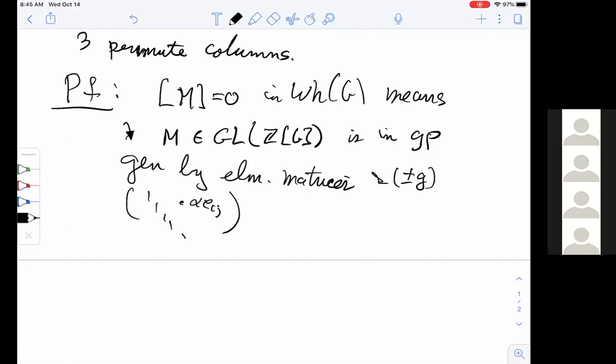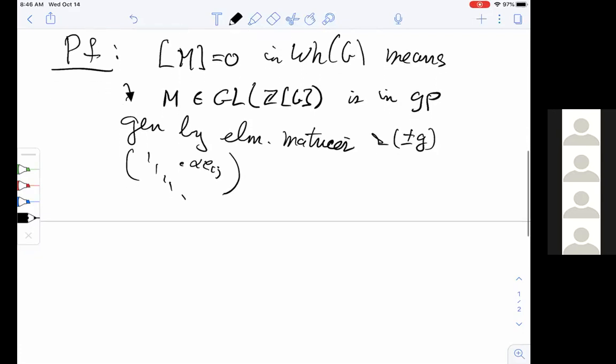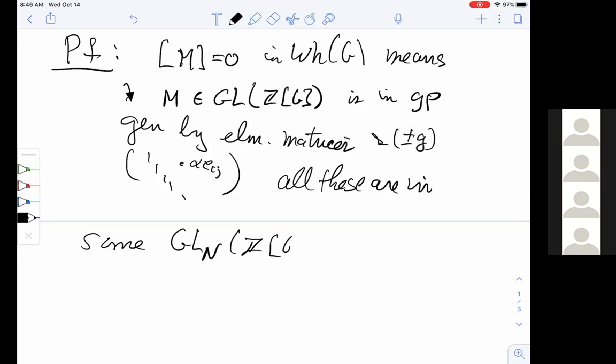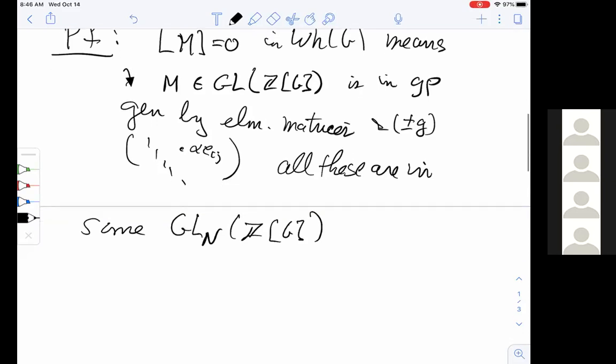These matrices are all in finite GLNs, and there are only finitely many of them, so they are all in some GLN ZG, where of course the size will depend on the original matrix M. So not only in the infinite matrix group, but in some finite matrix group, I can write M as a product of these matrices.